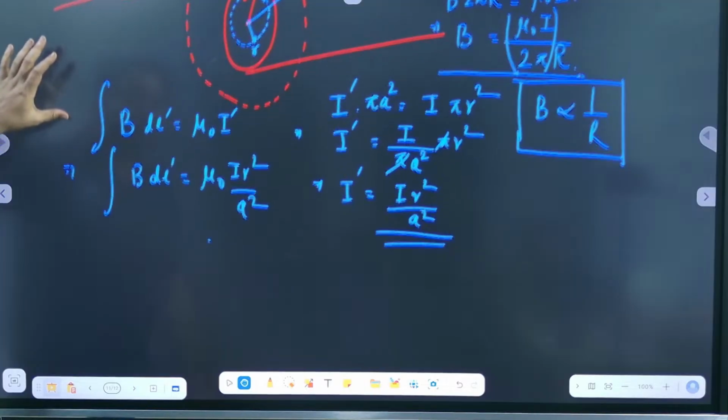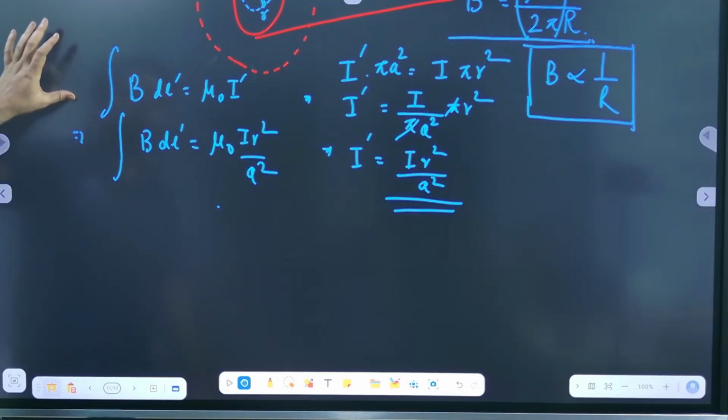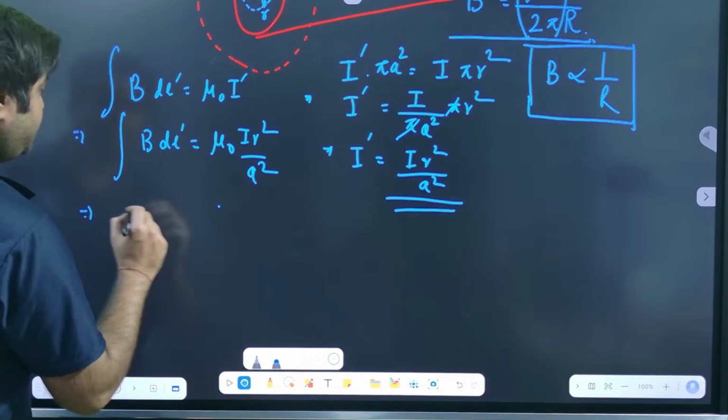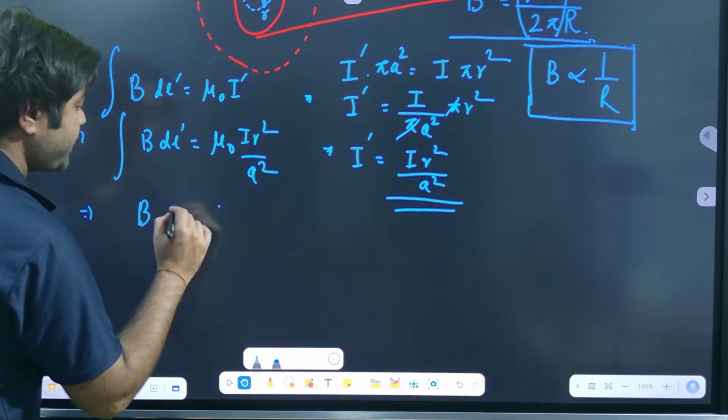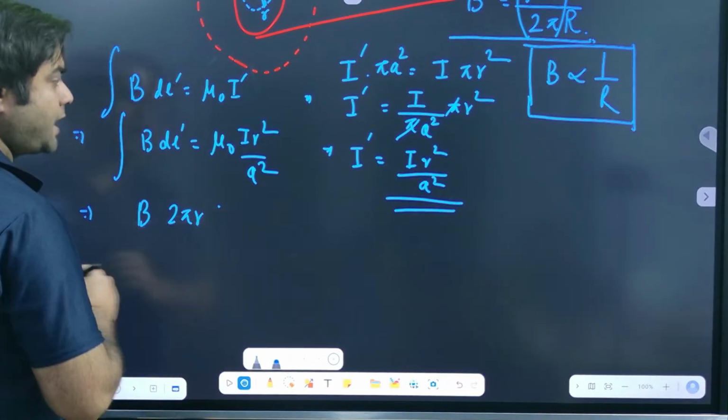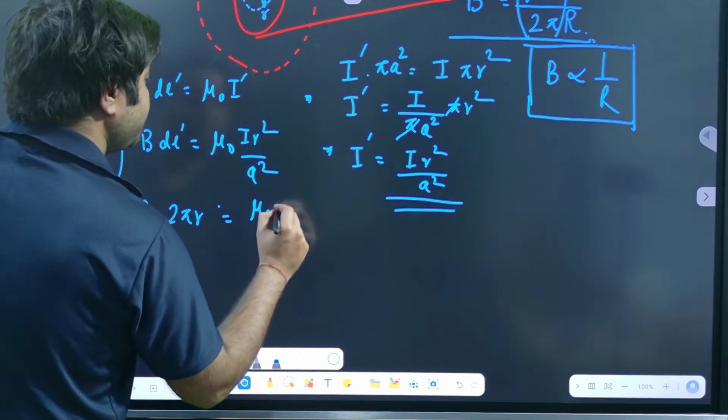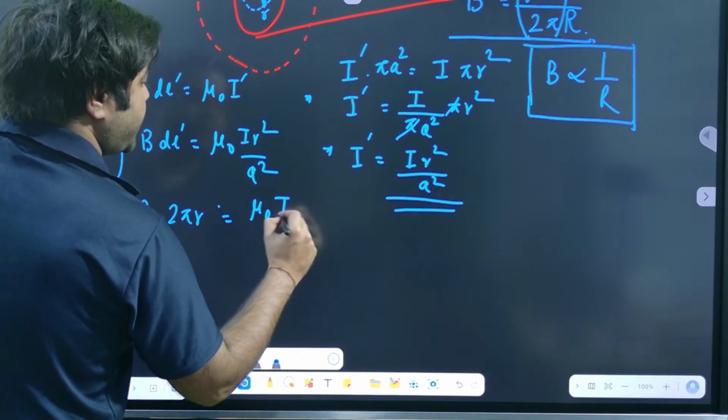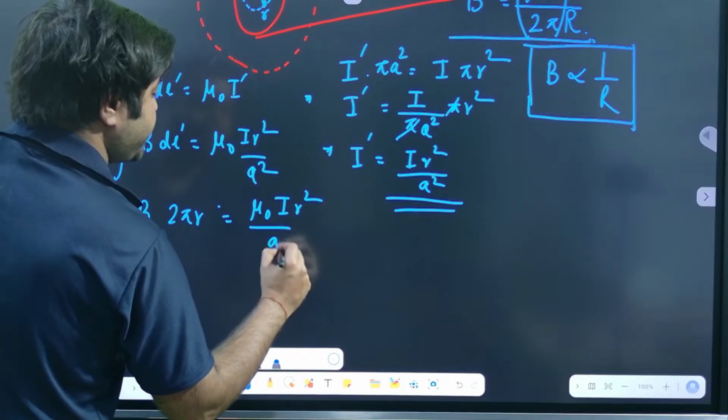Now look, this B is the uniform magnetic field, and B times 2 pi r is mu naught I r square divided by a square.